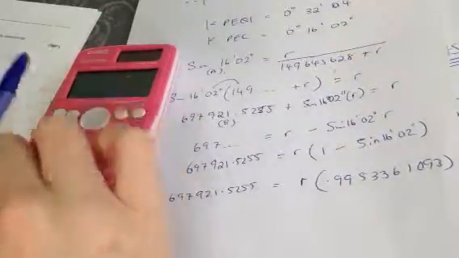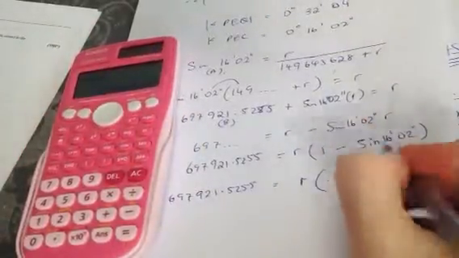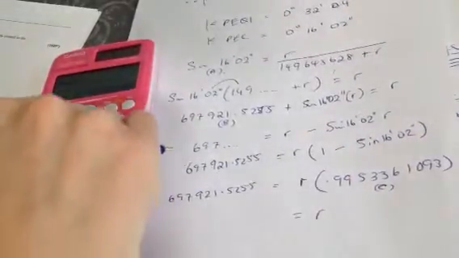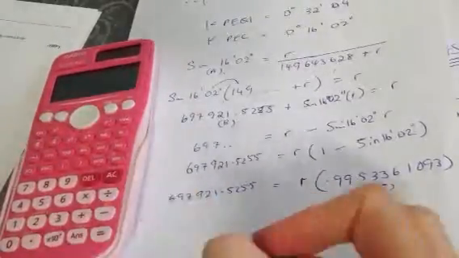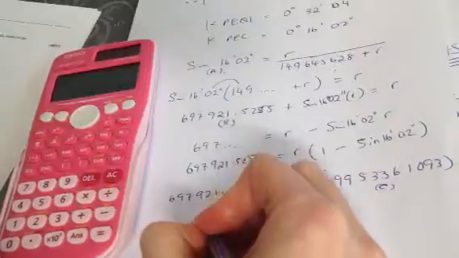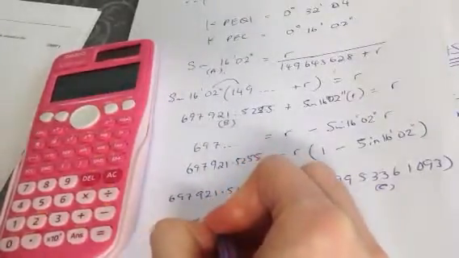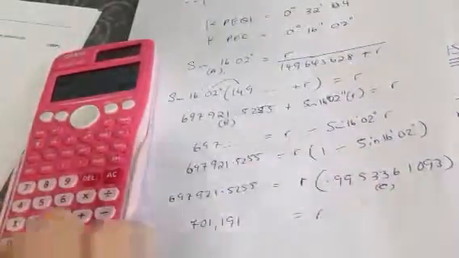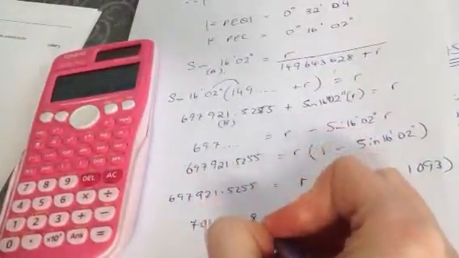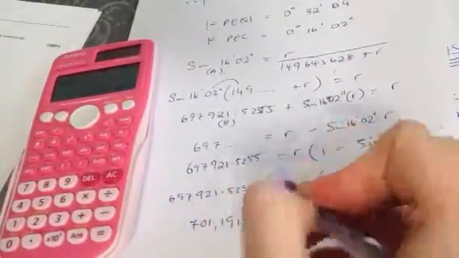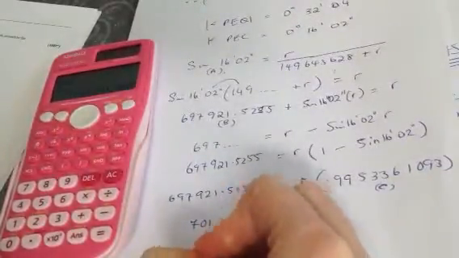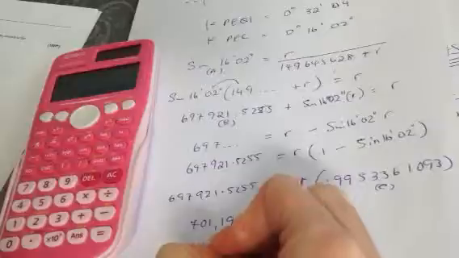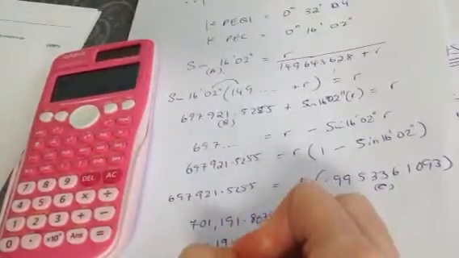Just going to store it as C, and I have B divided by C is equal to R. So R is equal to 701,191.8075, and they told me to round off to the nearest kilometre. R is equal to 701,902 kilometres.